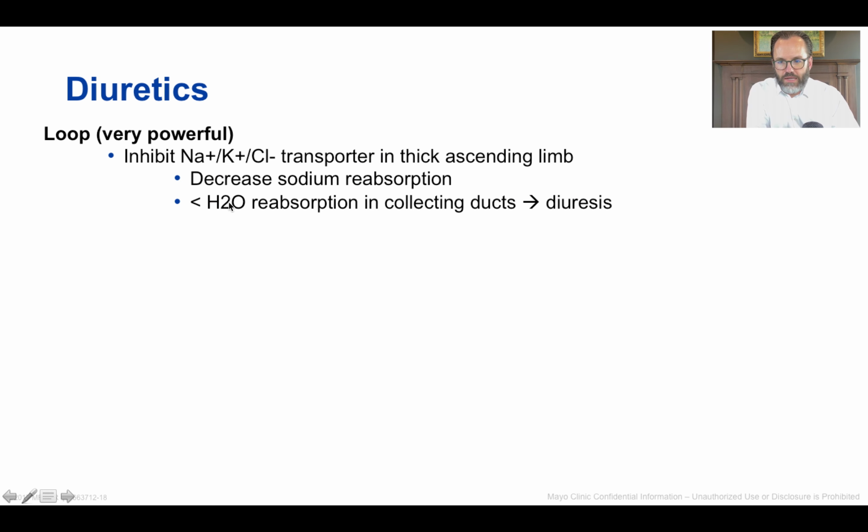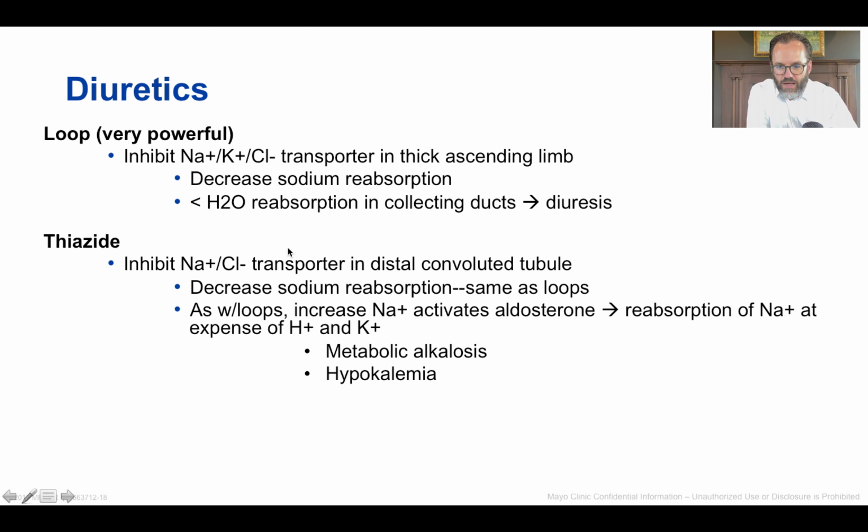So with loop diuretics, these are inhibiting the sodium potassium chloride transporter in the thick ascending limb of the kidney, decreasing sodium resorption and therefore having less water reabsorption in the collecting ducts, with diuresis. Thiazides inhibit a sodium chloride transporter in the distal convoluted tubule, decreasing sodium reabsorption, very similar to what is done with other drugs.